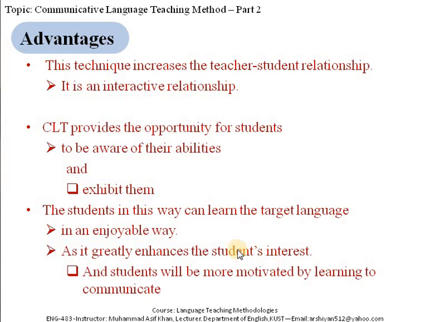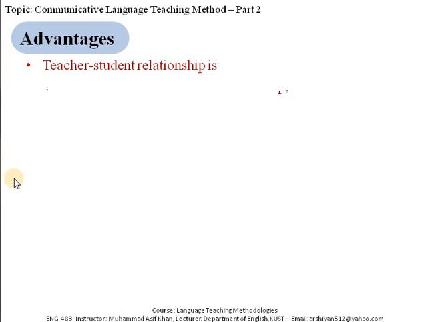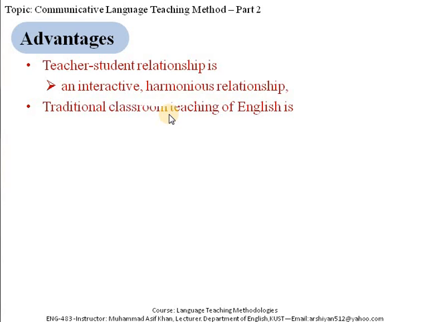Another advantage of the CLT method is that there is a very harmonious, interactive relationship between teacher and student, and this relationship is very different from the role of the teacher and student in the traditional educational methods, where we see a kind of relation between master and servant.